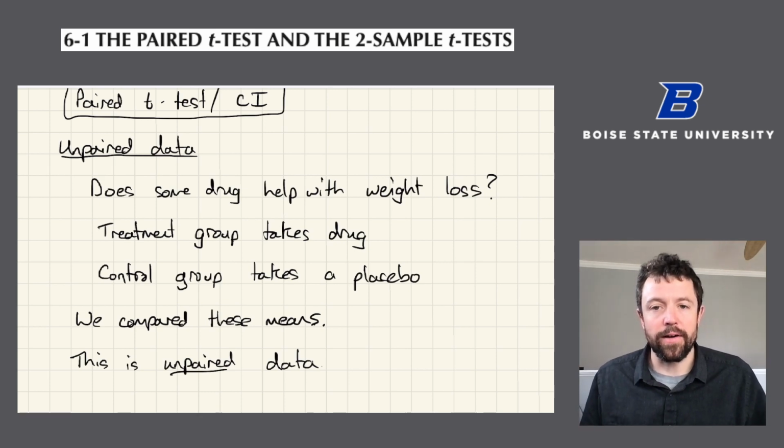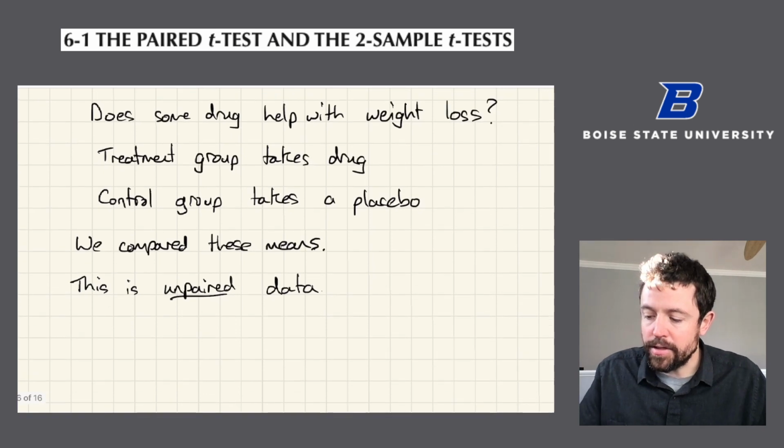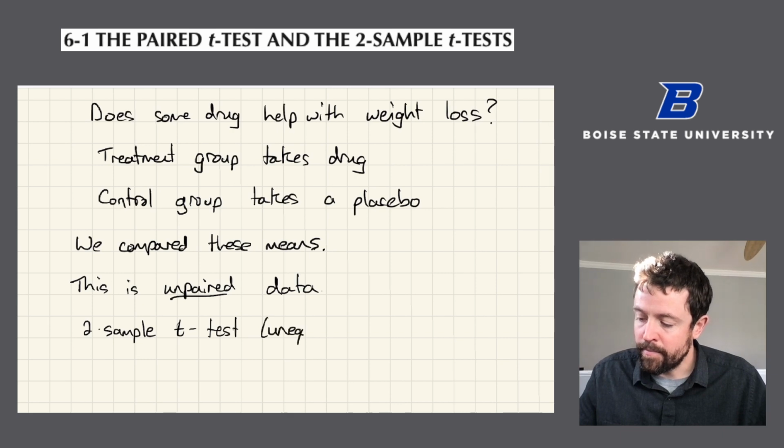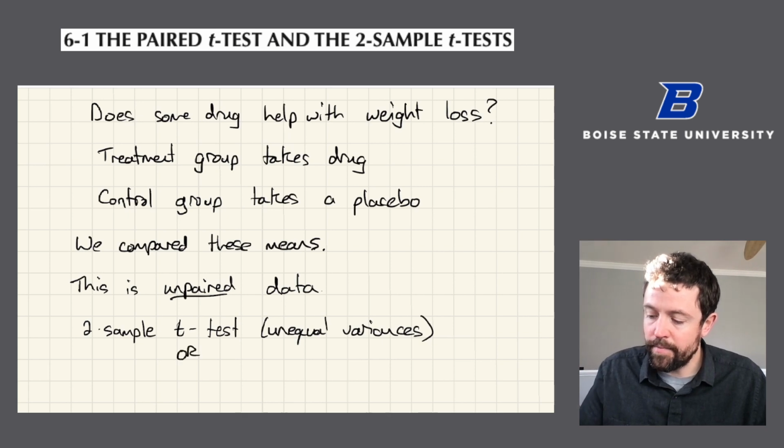We don't have a way of pairing these things together. And so in this situation, we would either do the two sample t-test for unequal variances, or we would do the pooled t-test.